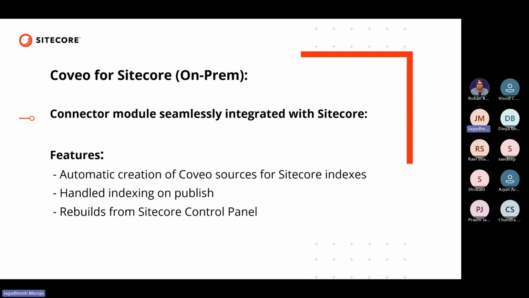So what did that actually give us? It would automatically create Coveo sources tied directly to our Sitecore indexes, and it handled the content publishing event. So as soon as the content editor hits publish, it showed up in search. And if you ever needed a full rebuild, you could do that right from the Sitecore control panel itself.